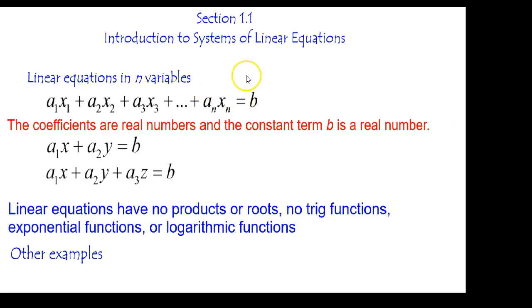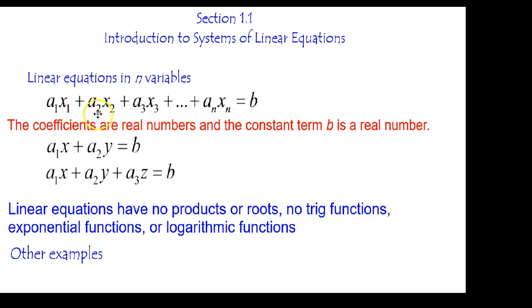A linear equation in n variables could take the form of this first equation here. The a sub 1, a sub 2, a sub 3, etc. are coefficients. b is a constant term, and it is a real number.